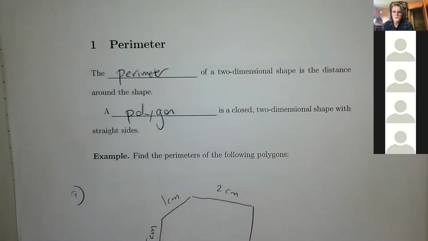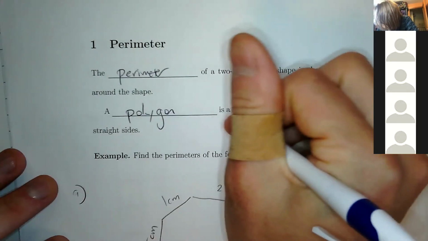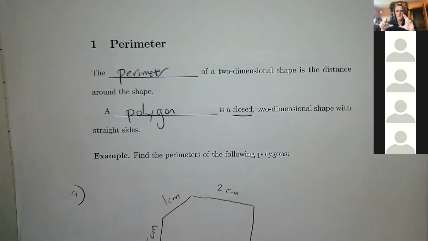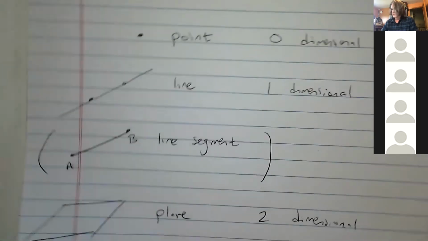But again, perimeter you can find for any closed shape in a plane. And closed, polygon. So closed just means the ends meet, right? So let me make a little note here. So if I have, so this is like a note.